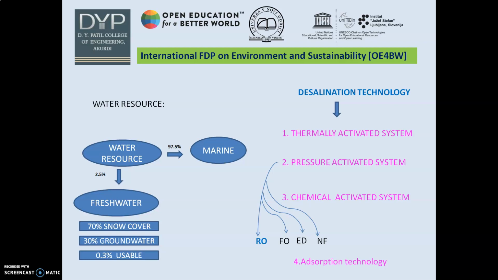There are 4 categories or groups of desalination technology. The first one is the thermally activated system, which involves evaporation and condensation methods for salt separation from water, like distillation units, solar distillation, multi-stage flash distillation, multiple effect distillation, and likewise.